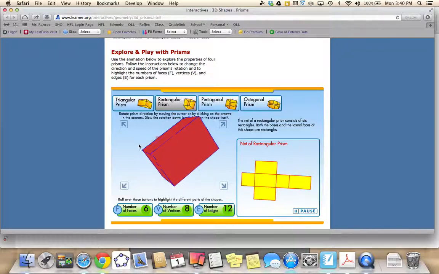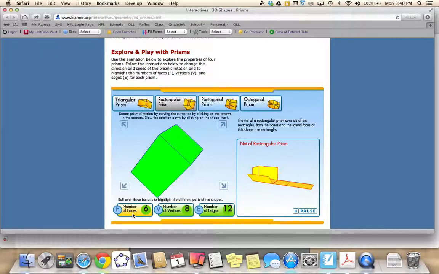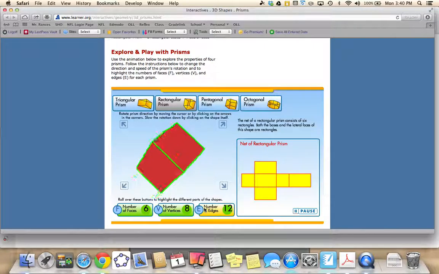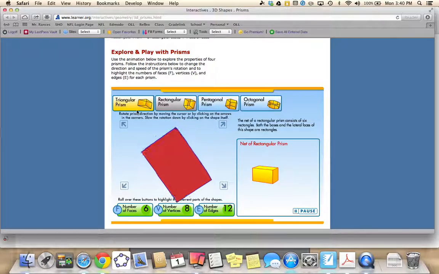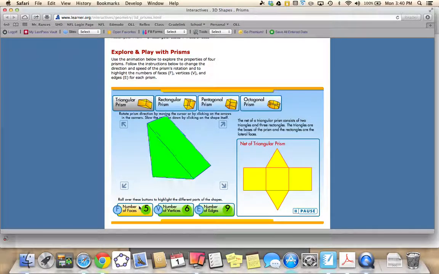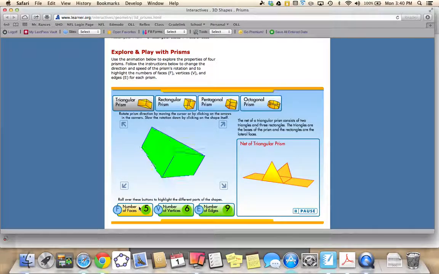And a rectangular prism will have 6 faces, 8 vertices and 12 edges. Going back to my triangular prism, it will have 5 faces, 6 vertices, and 9 edges.